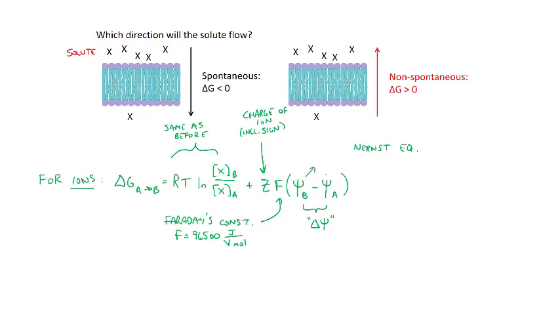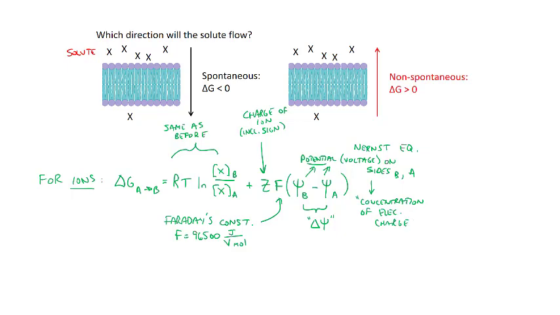Psi B and psi A, these are the membrane potential, which is a fancy way of saying voltage, on sides B or A. So the psi is just a way of accounting for essentially the concentration of electrical charge on that side of the membrane.